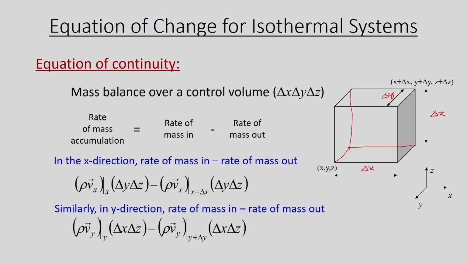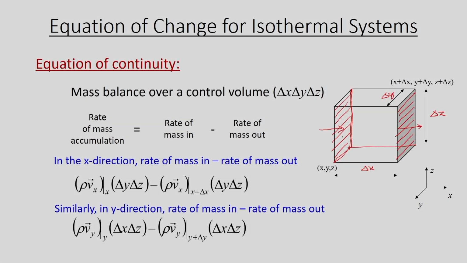Now, let us consider first this plane that is perpendicular to the x axis, to consider what is the rate of mass in through this plane or through this face, and then similarly the other side of this control volume in the x direction, that is at location x plus delta x, what is the rate of mass out, that we have to mathematically represent.